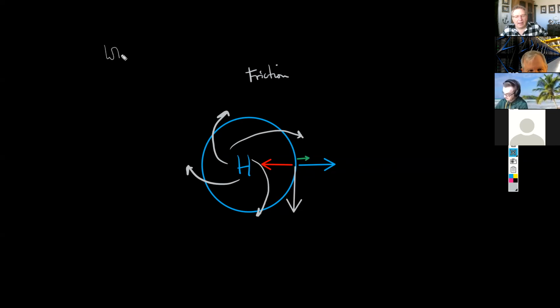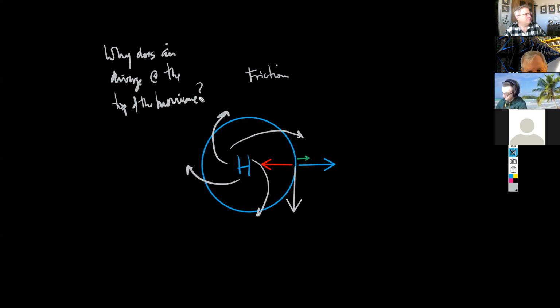So why does air diverge at the top of the hurricane? I know why it converges. Remember we talked about a hurricane spiraling in and then diverging aloft. Why does it diverge aloft anticyclonically if there's no friction?